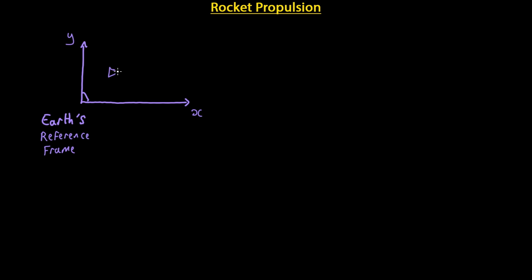So let's imagine we have a reference frame here where the Earth is at the origin of this reference frame. And within this reference frame, we have a rocket moving at a certain velocity in the x direction.